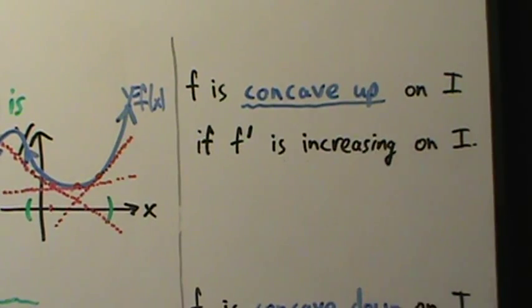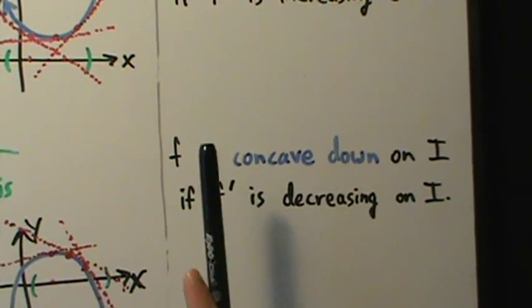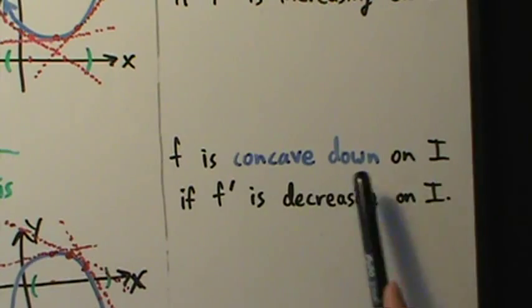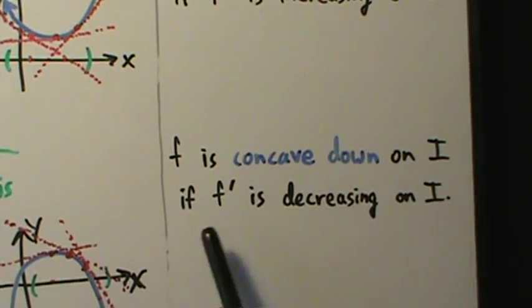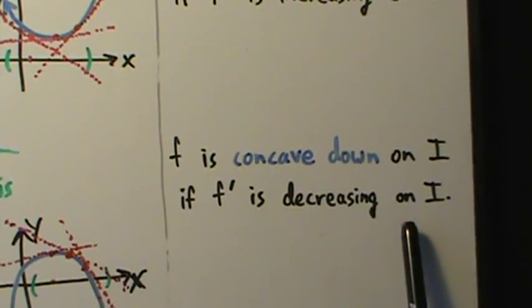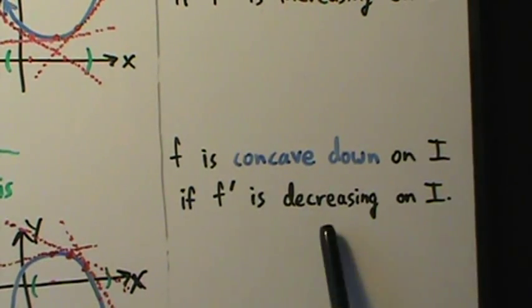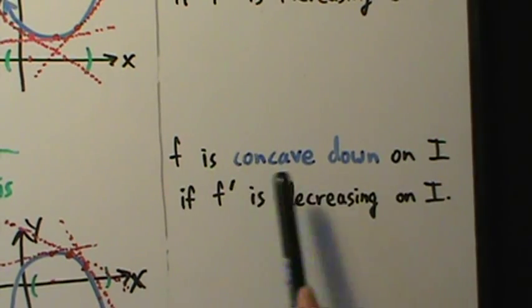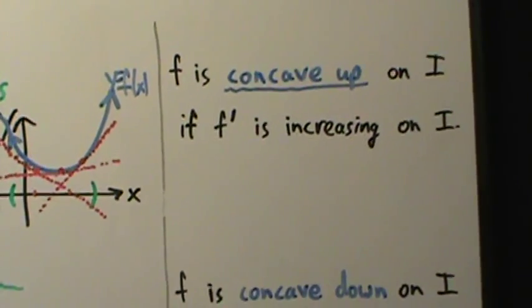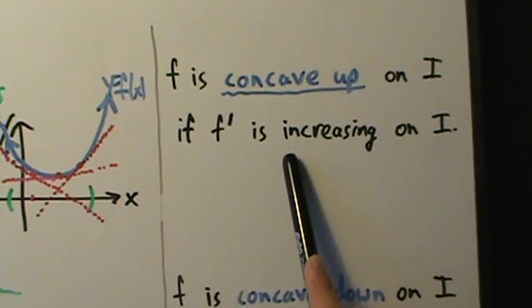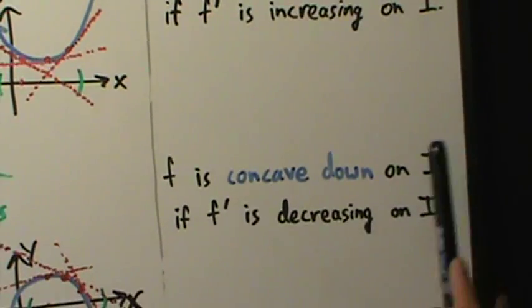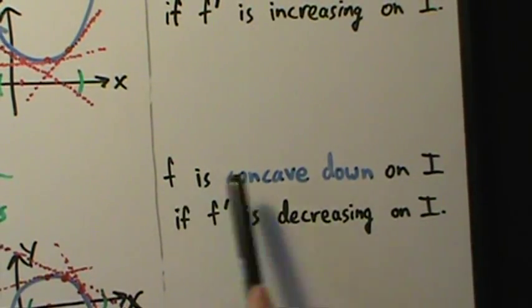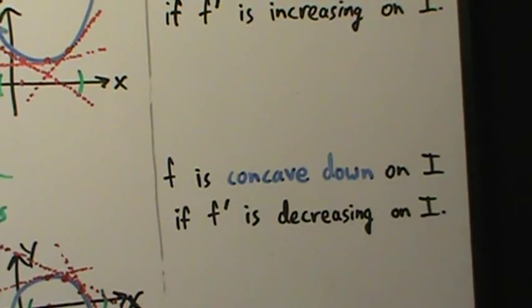And likewise, the function f of x is concave down on an open interval I if f prime is decreasing on I. So if the derivative is decreasing on an open interval, then the graph of the function is concave down. Increasing derivative, the function is concave up. Decreasing derivative, the graph of the function is concave down.